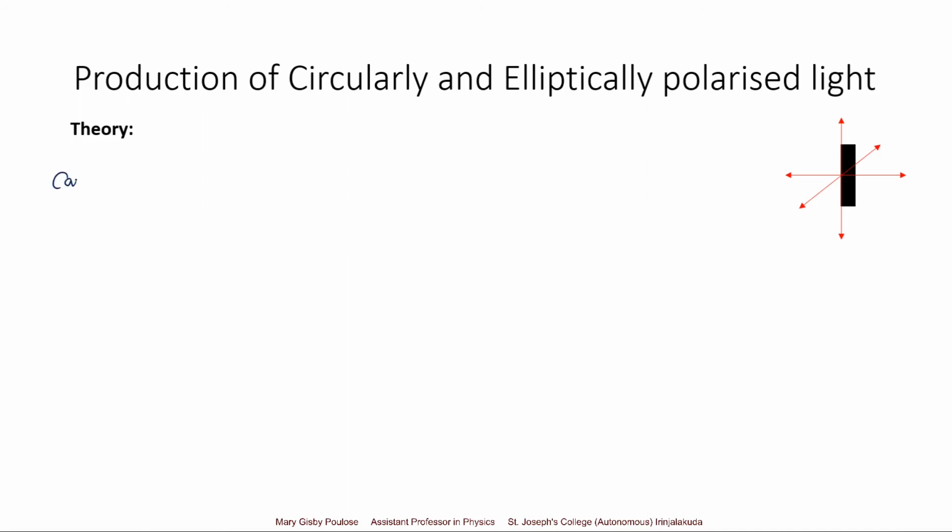Now let us take the first case when phi is equal to pi by 4 and theta is equal to pi by 2. Substituting these values in the equations of Ey and Ez, we finally get the expression Ey square plus Ez square is equal to E naught square by 2.